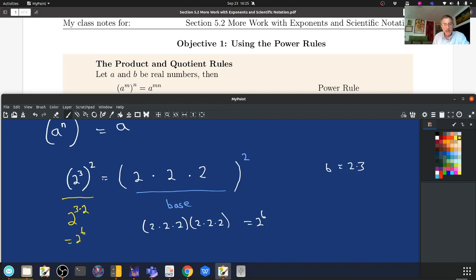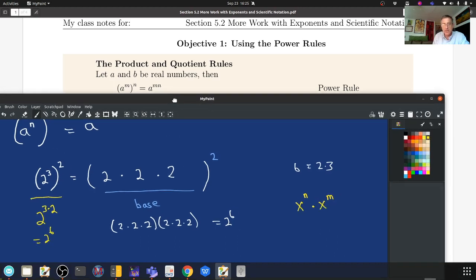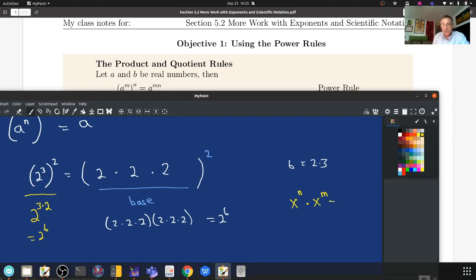So when do you add and when do you multiply? Here is the difference. I'm going to go back to my x as a base. x to the n times x to the m. Two different occurrences of the bases. They're multiplied.